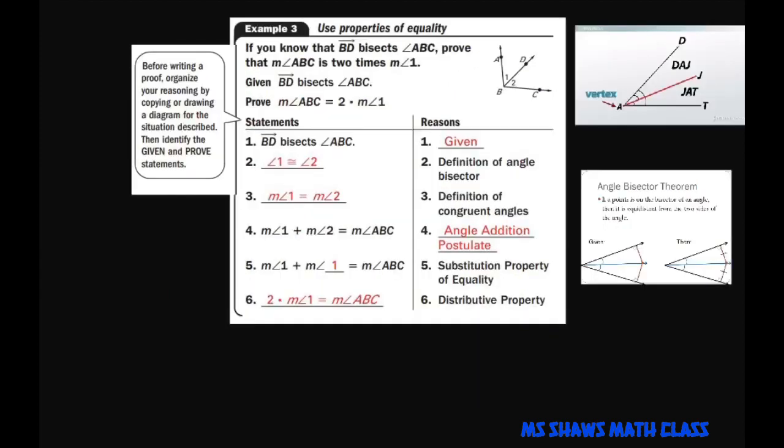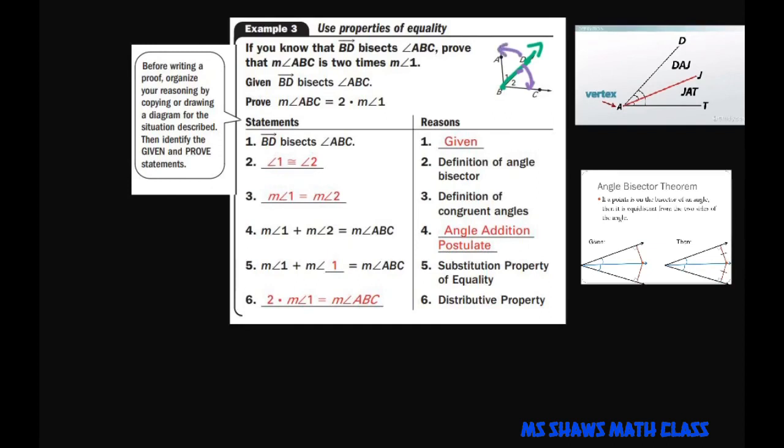Okay, the next one. Here's another example. If we know that BD bisects this angle, that means these two angles are the same, because bisect means in half.